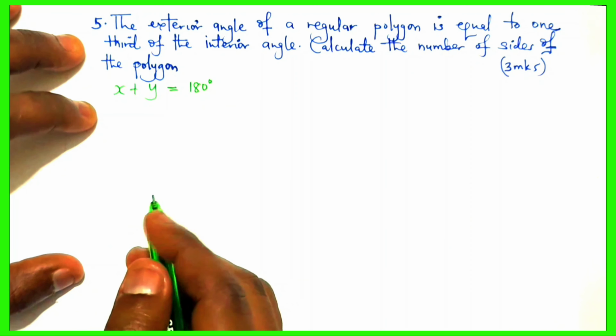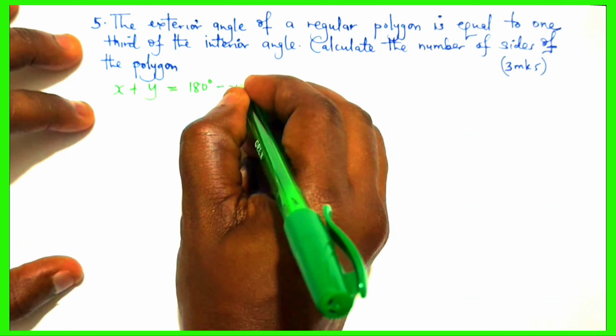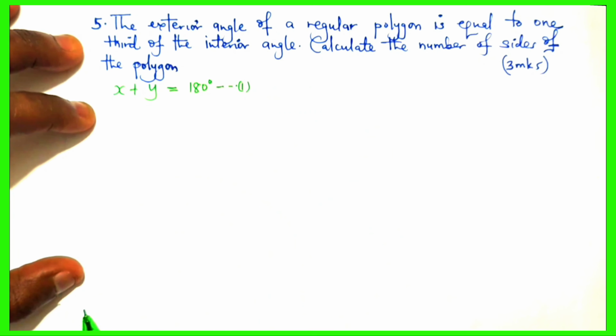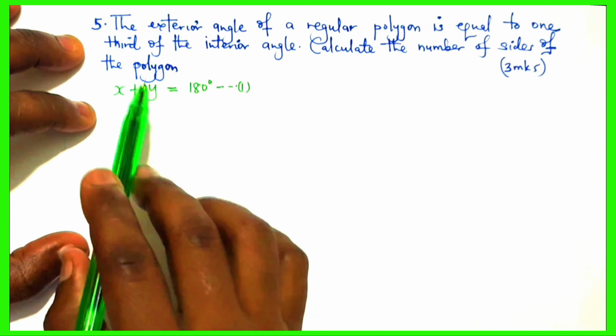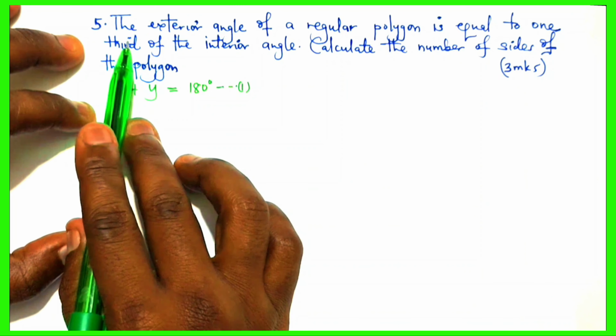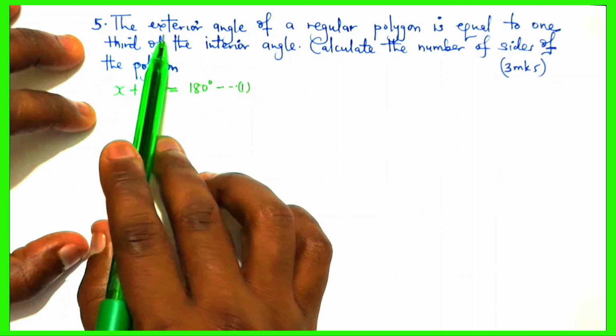So this will serve as our equation 1. And then our equation 2, we are going to get it by considering the question here, where we are told the exterior angle of a regular polygon is equal to 1/3 of the interior angle.